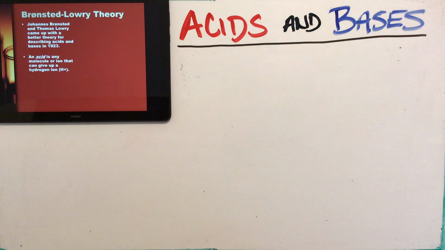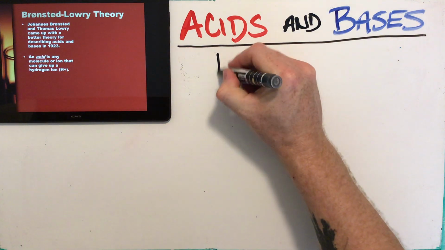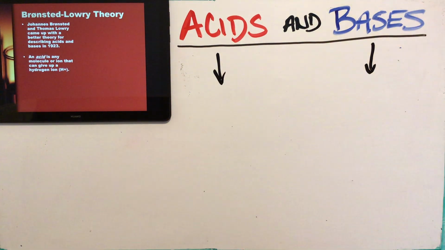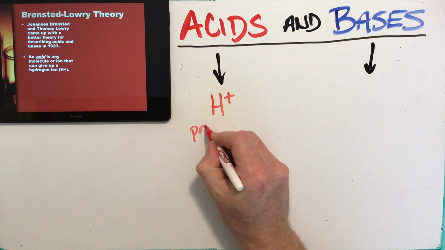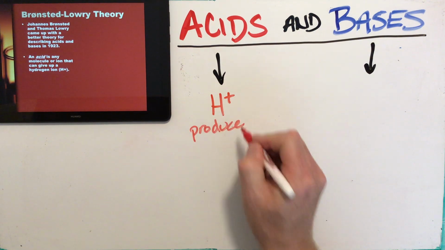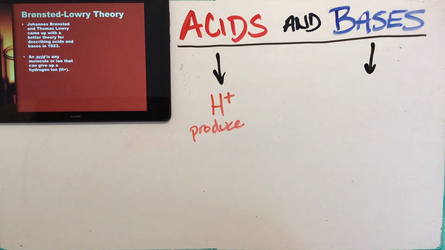And what they said was an acid was anything that when you dump it into water, it produces these. So it can produce hydrogen ions. Well, that's very similar to Arrhenius. In fact, it's pretty much exactly the same as Arrhenius.